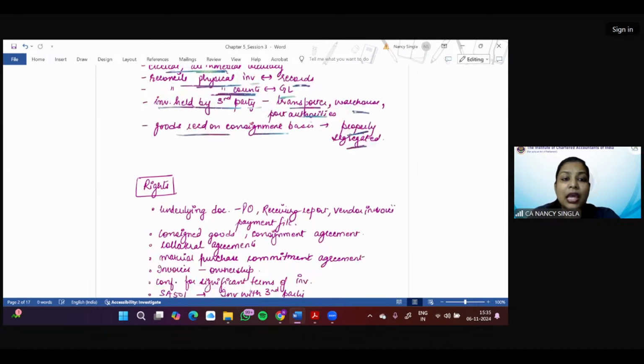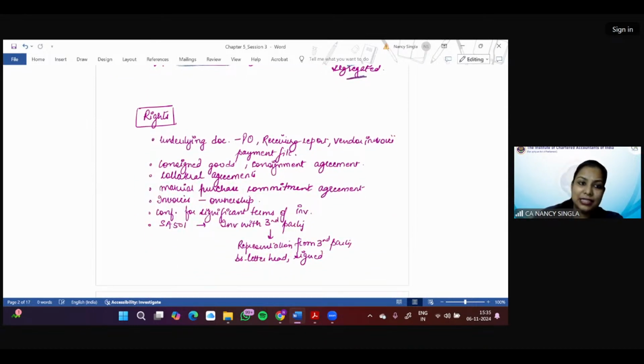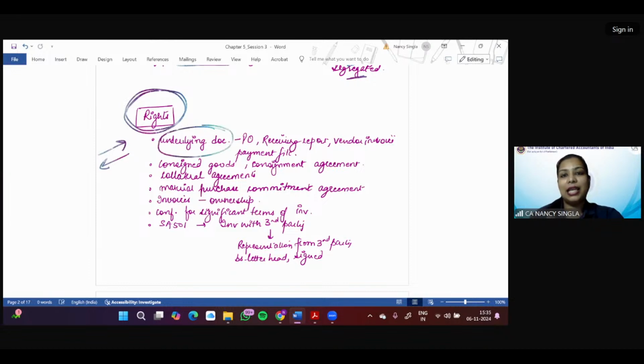Simple. Now, with respect to rights, here was the point where I was talking about goods lying with a third party, or goods of a third party lying with the client. First of all, with respect to any of the inventories, if the same has been purchased, the auditor will see the underlying documents.